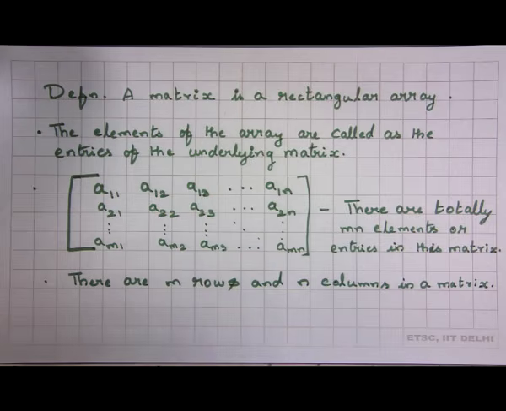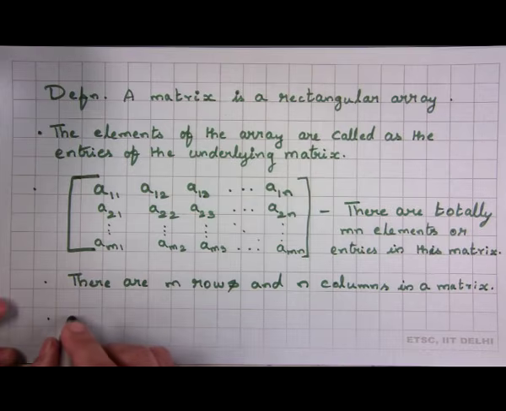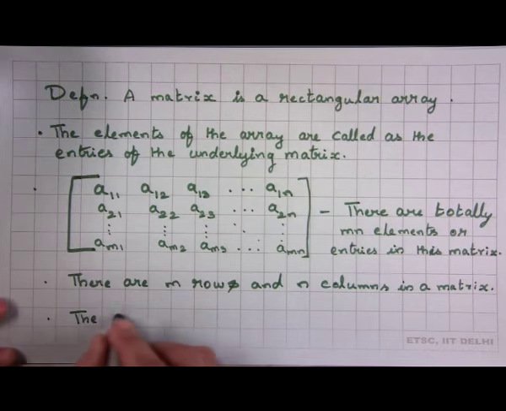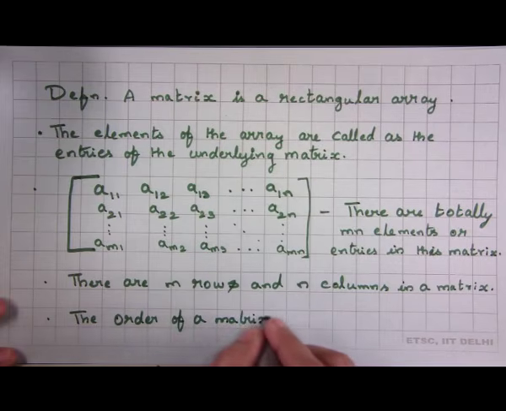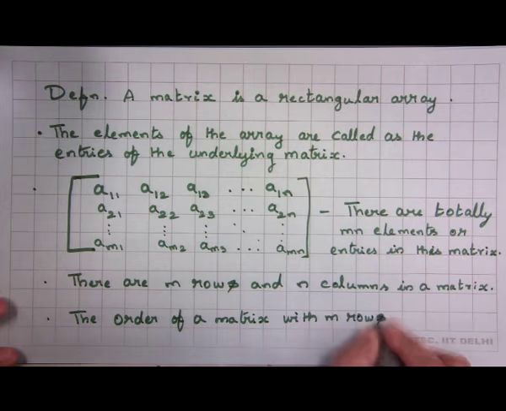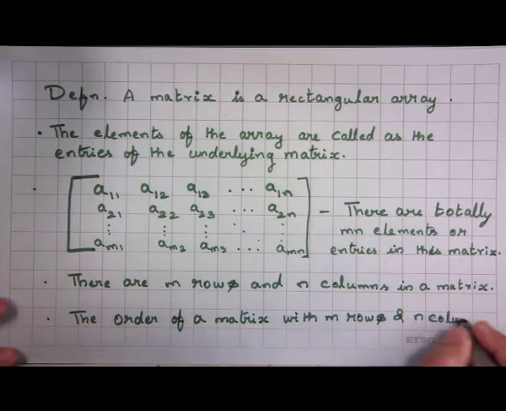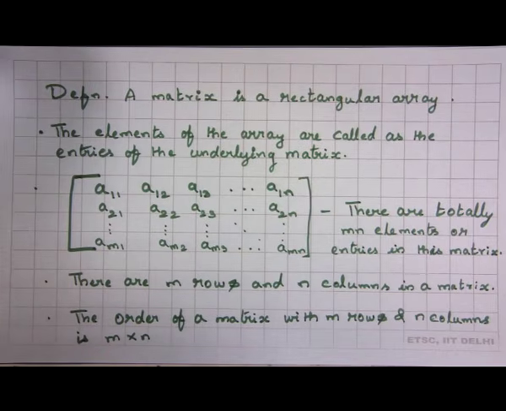This m and n depend on the chosen problem. And finally, the order of a matrix with m rows and n columns is m cross n, right. This m cross n denotes the order of the matrix.